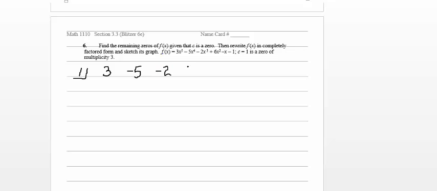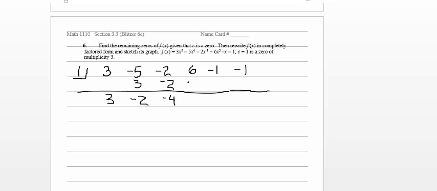The first time, and whatever my quotient is, I'm going to divide that by 1, and I'm going to have a 0 remainder in that division also. And notice these are the coefficients of my polynomial f of x, and I'll go through the synthetic division process. And notice I get a remainder of 0, since c is a root or a 0 of the polynomial.